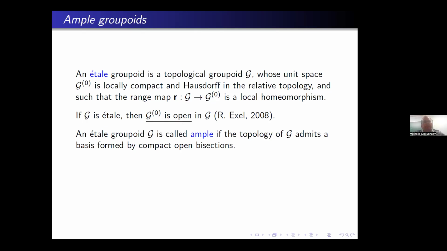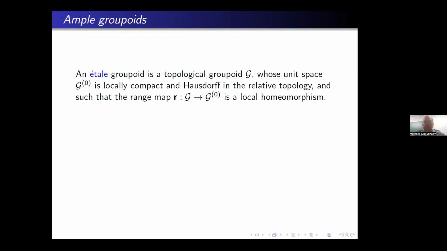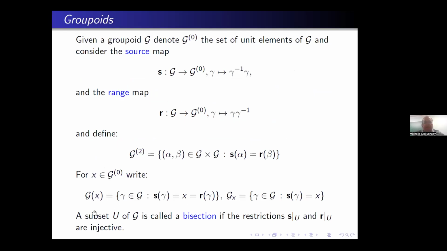We will be interested in those étale groupoids which are ample. An étale groupoid is called ample if it has a basis formed by compact open bisections. Let me come back, I skipped the important definition of a bisection. A subset of the groupoid is a bisection if the restriction of the source map to this subset is injective, and the restriction of the range map is also injective.